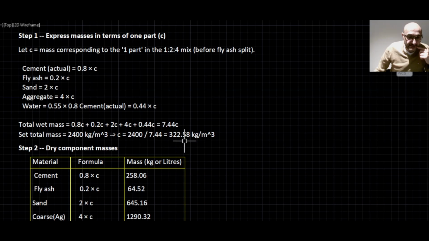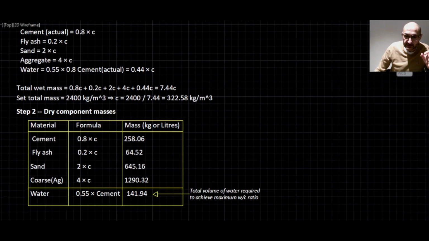All right, step 2, the dry component masses. Now, cement, we said it was 0.8 C, okay? And that will give us 0.8 times 322.58, if you remember, we worked that out. So that will give us 258.06 kilogram per meter cubed. The fly ash is 0.2 C, 64.52.